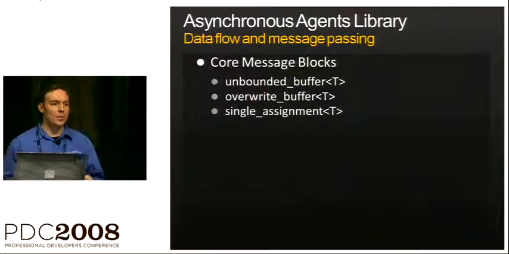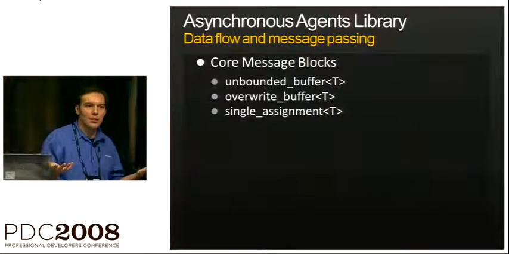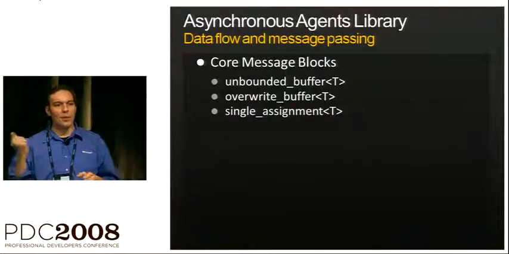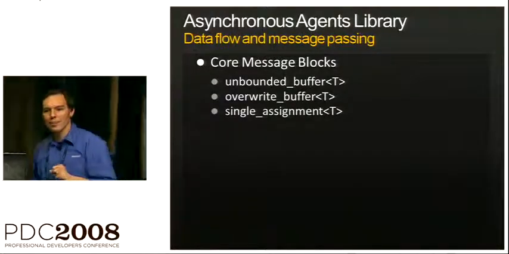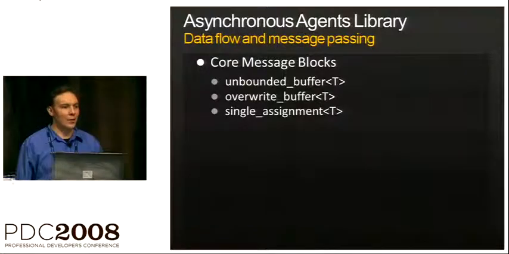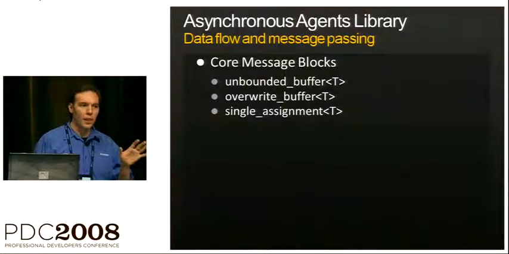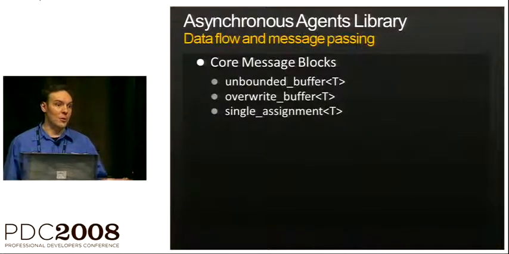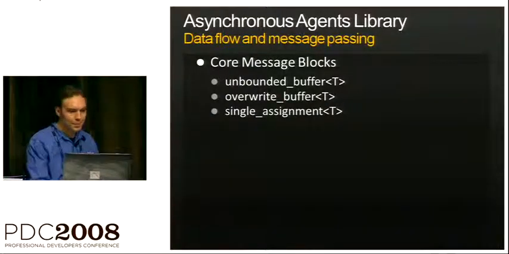We can have an overwrite buffer, which is like a single value. You can send a message to it. Folks can consume from it as much as they want, but it just generates a copy, right? And you can reassign it a different value by sending a new value to it. And then, of course, single assignment, which is, for all practical purposes, a write once or a constant.